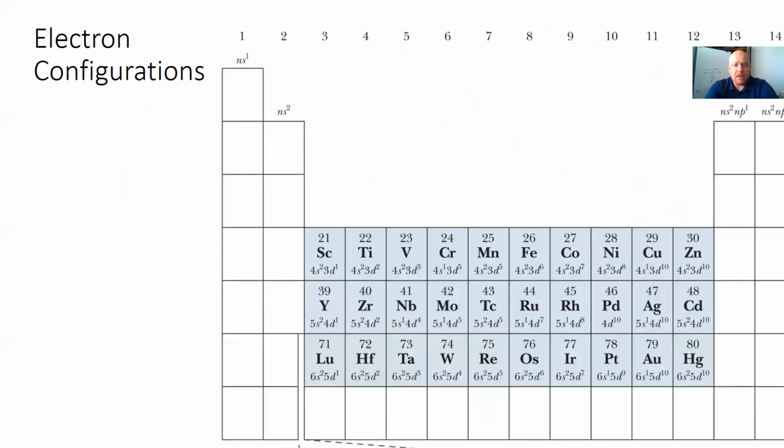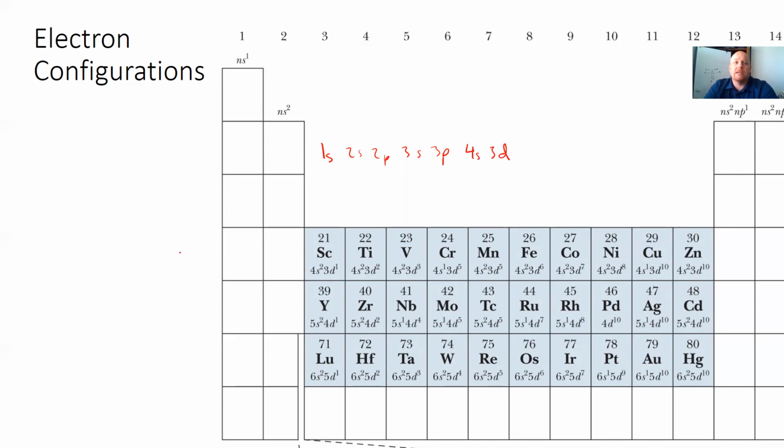Before we dive super deeply into the complexes themselves, just transition metals in general, when we think about their electron configurations, right? Remember, we always talk about filling electron orbitals. We fill the 1s, then the 2s, then the 2p, then the 3s, 3p, then it's the 4s, and then the 3d electrons that we tend to fill.